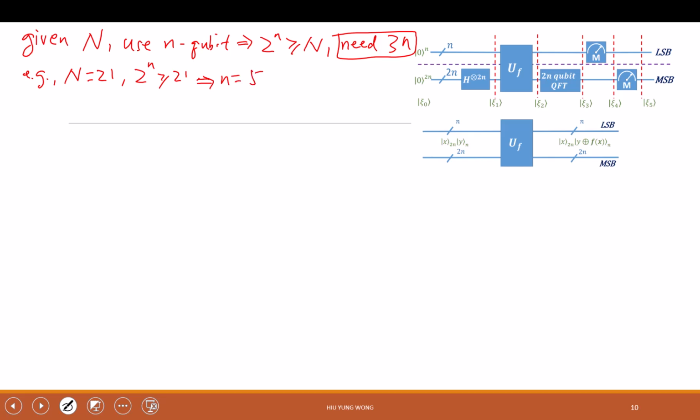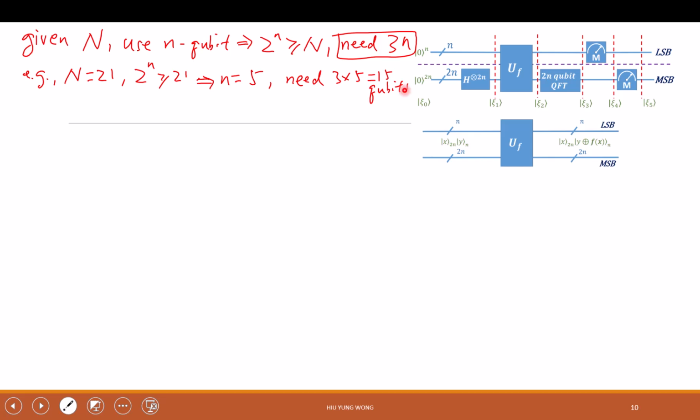Because 2 to the power 1 is 2, 4, 8, 16, 32. 32 is larger than 21, and 16 is less than 21. So I need n equal to 5. So I need, in total, 3 times 5 equals 15 qubits. Quite a lot, 15 qubits to solve this problem.